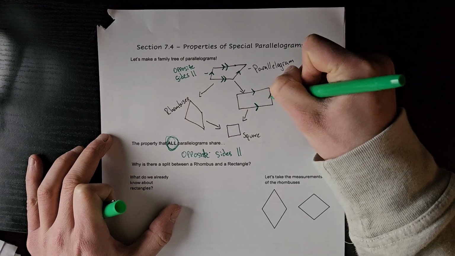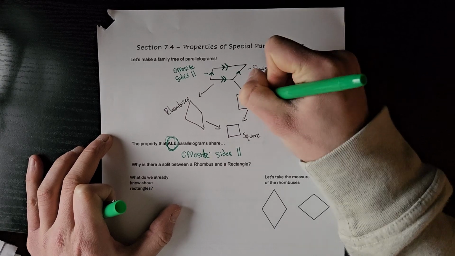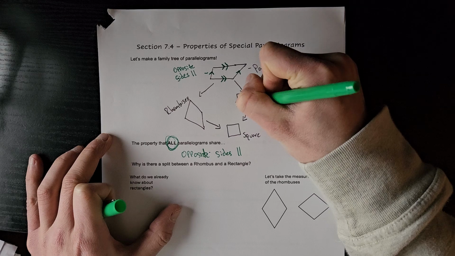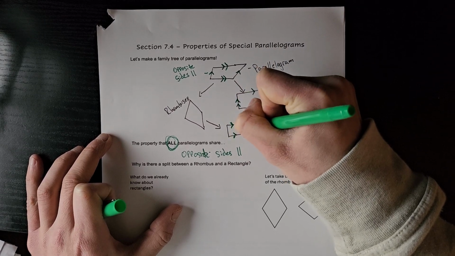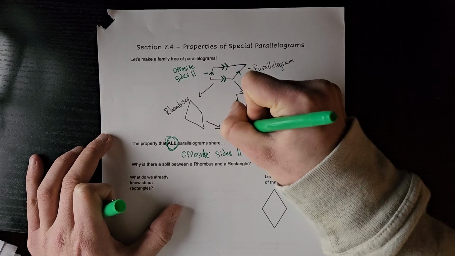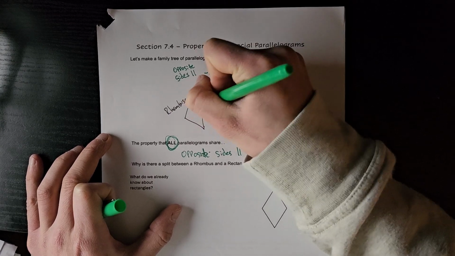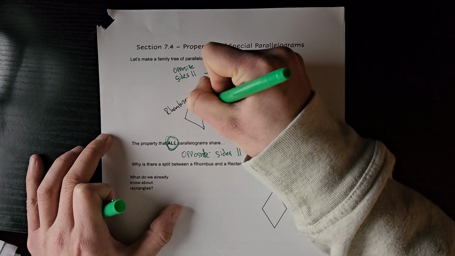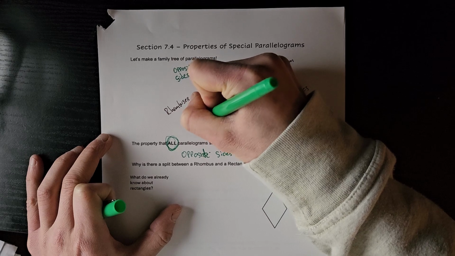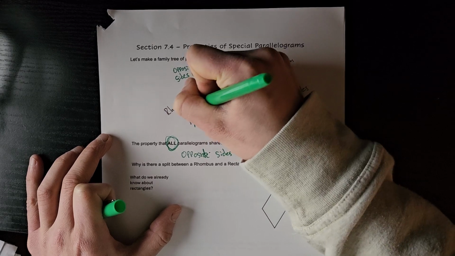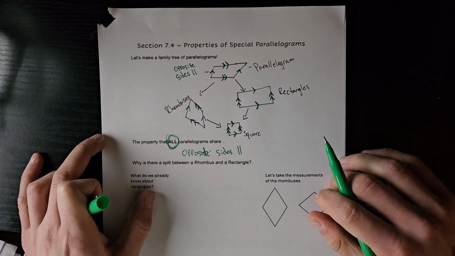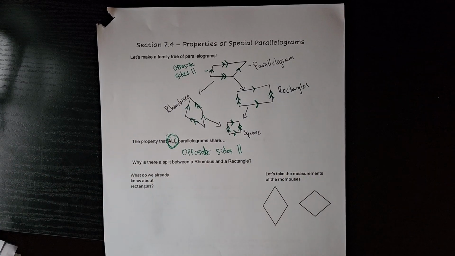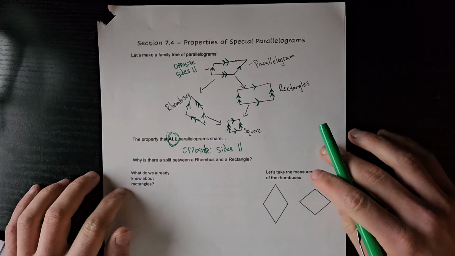And I'm going to draw each and every one of these arrows in green. There we go. This is true for all of them. Every single one. Now, what is the difference between a rectangle and a rhombus, though?